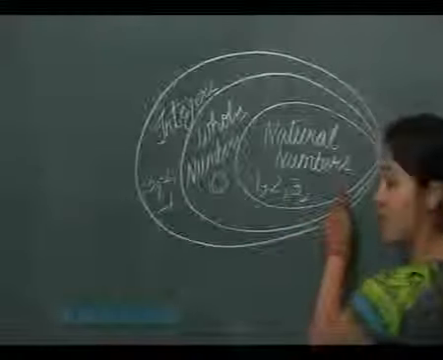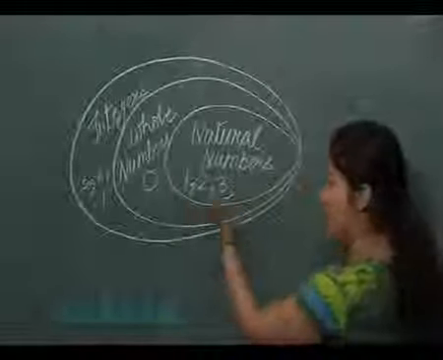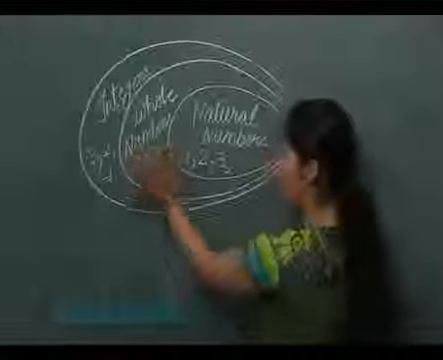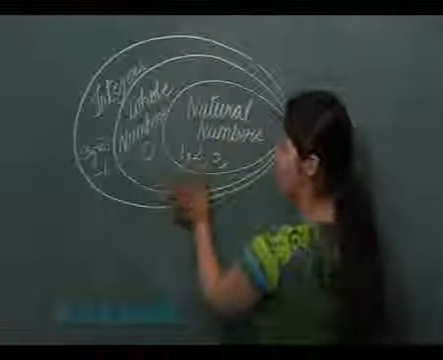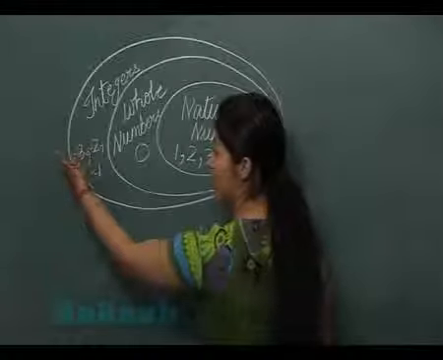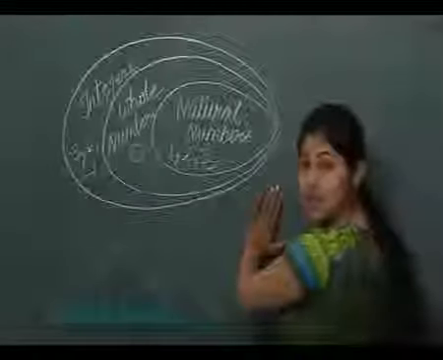This is natural numbers, starting from 1 onwards, 1, 2 and 3. Then comes the whole numbers. If I add 0 to the natural numbers, I get the set of whole numbers. If I add negatives like minus 3, minus 2, minus 1, I get the set of integers.